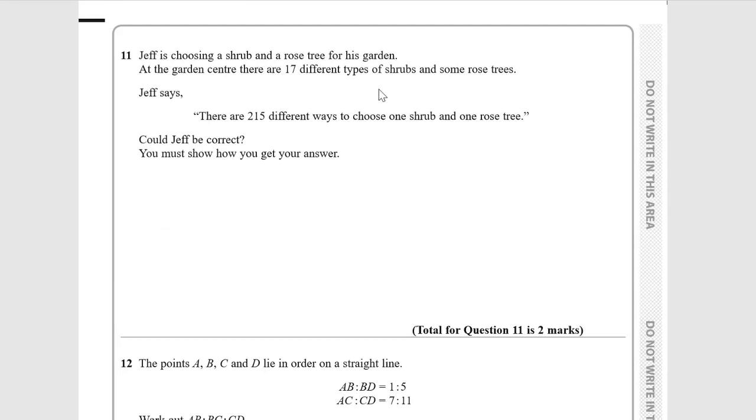Question 11. Jeff is choosing a shrub and a rose tree for his garden. At the garden centre, there are 17 types of shrubs. Jeff says there are 215 different ways to choose one shrub and one rose. Could Jeff be right? So 215 divided by 17 equals 12.64705882.